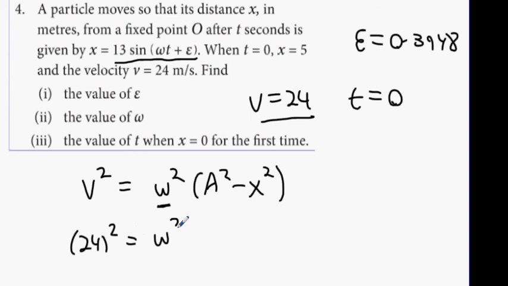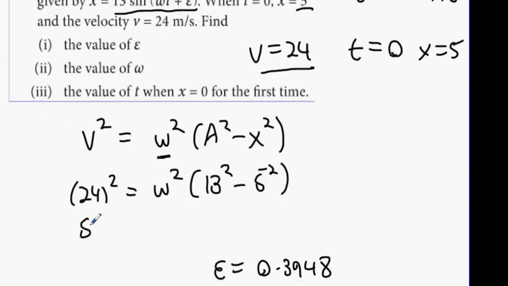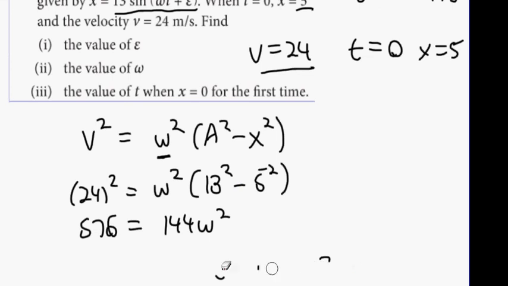What's a in this question? Remember, you get it from the function: 13. And x equals 5, because at t equals 0, x equals 5 and the velocity is also 24. So 576 equals ω squared times (169 minus 25), which is 144 ω squared. Divide, and you get ω squared equals 4, so ω equals 2.